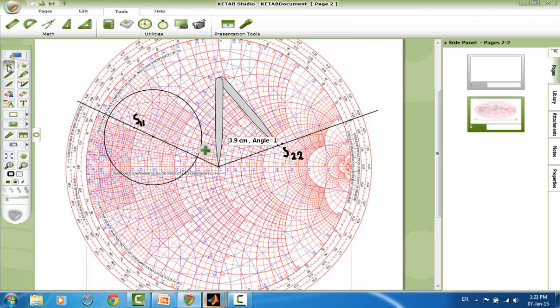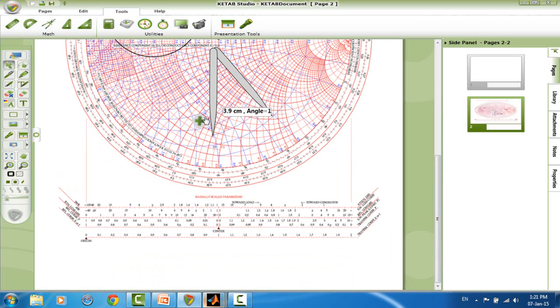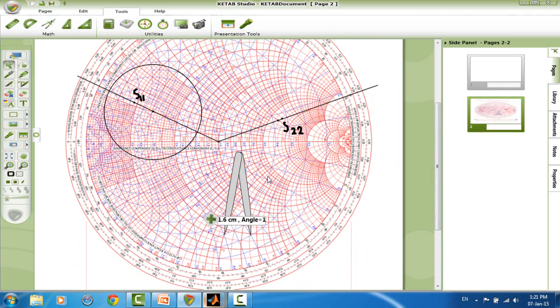The radius equals 0.2. We take the compass and find 0.2, and draw a circle.